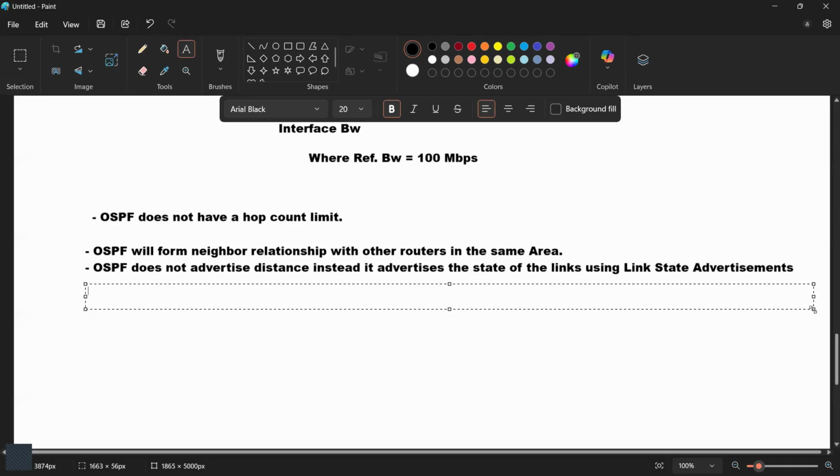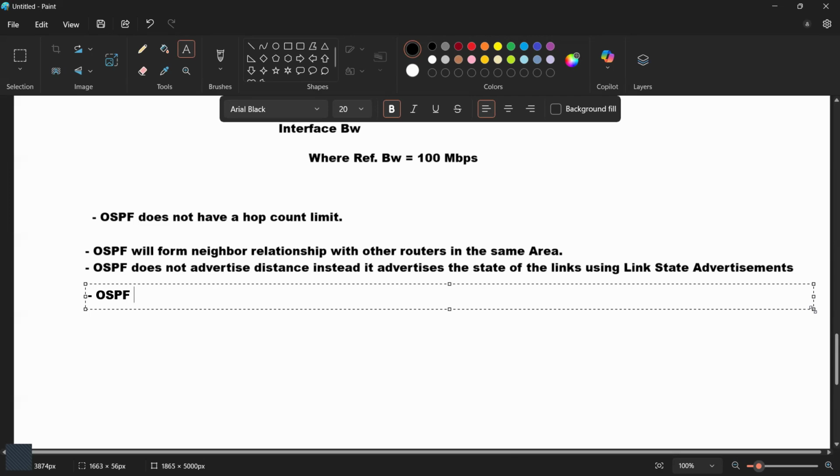Task: write the types of LSA. I hope on Monday you'll remember the task.